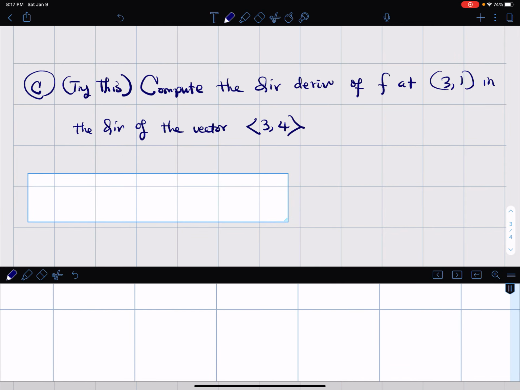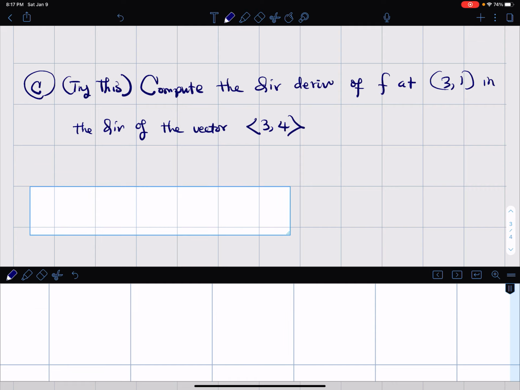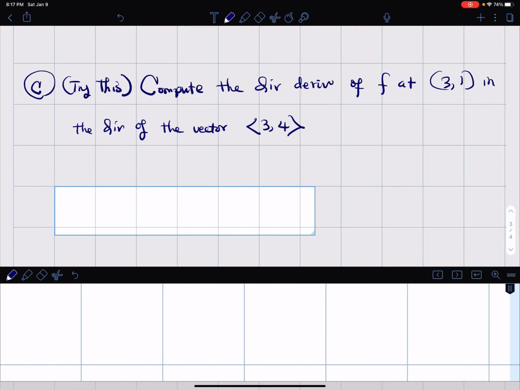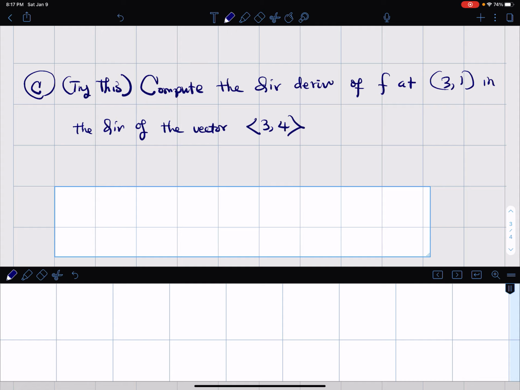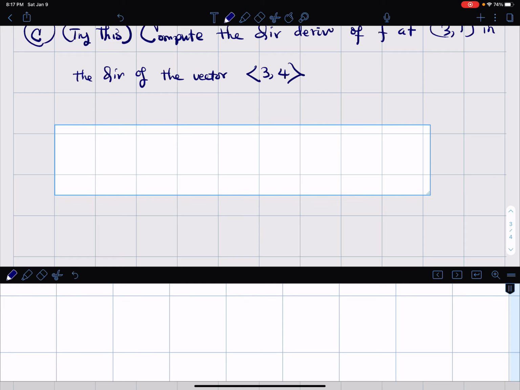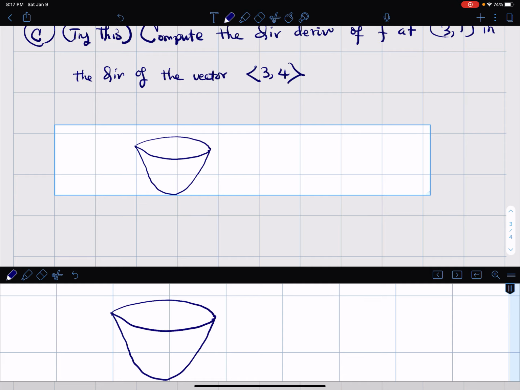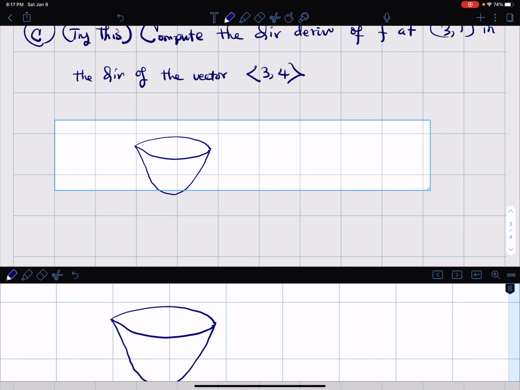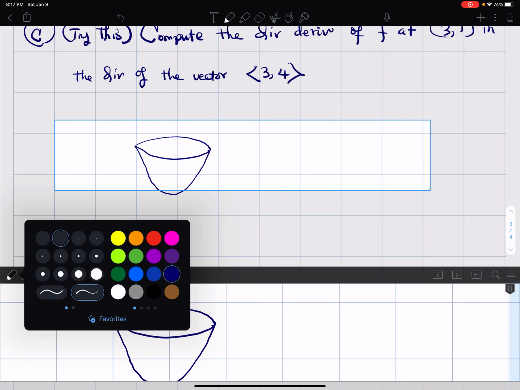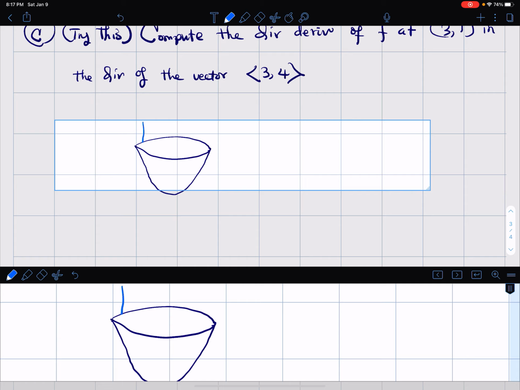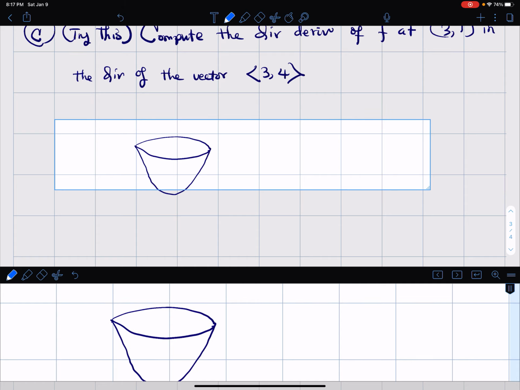So assuming you have a 3D function. Let's look at our 3D function as this elliptic paraboloid.